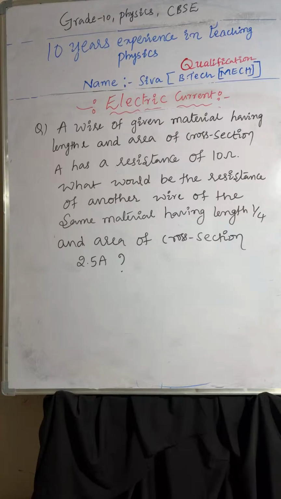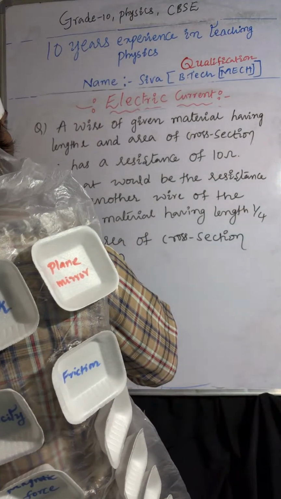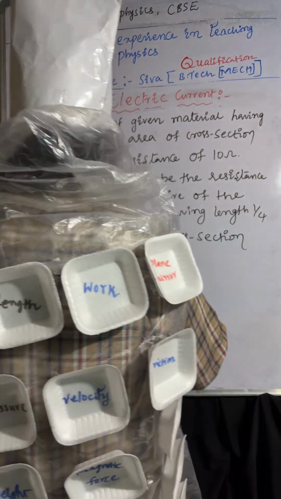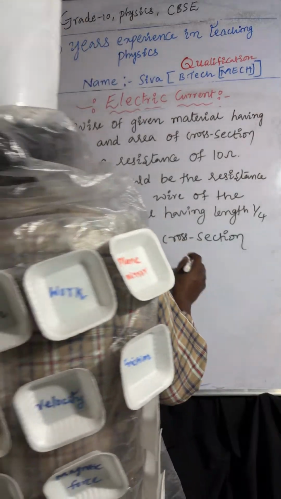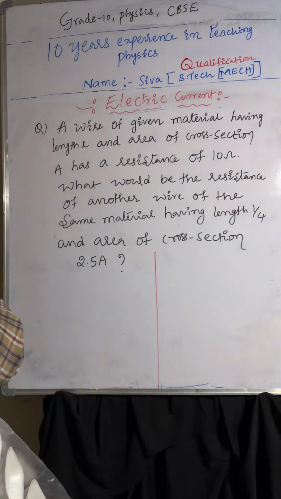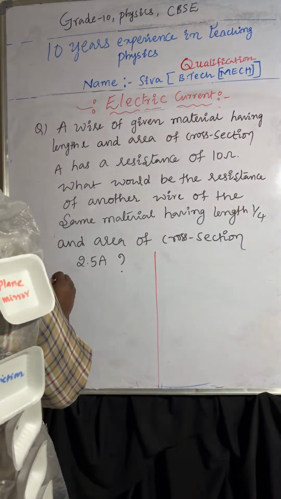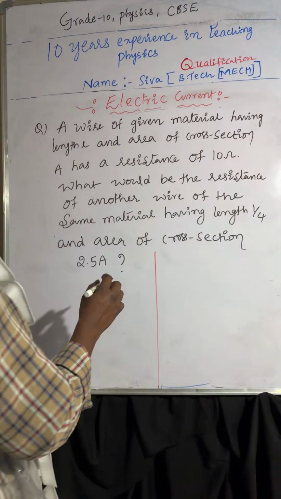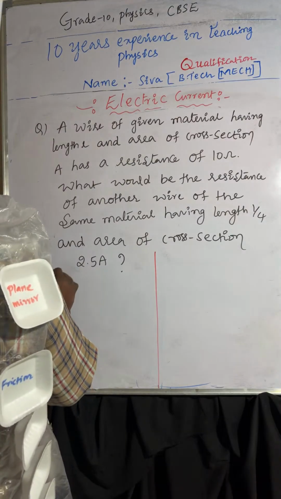So a wire of given material, the question is a wire of given material having length. Here you can see, initially you can take the given data.